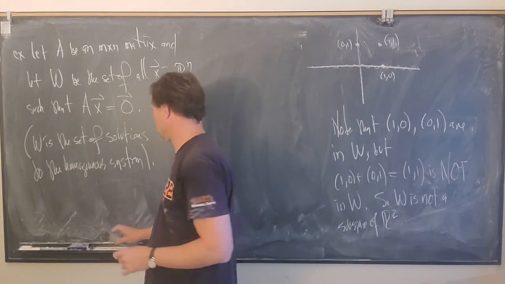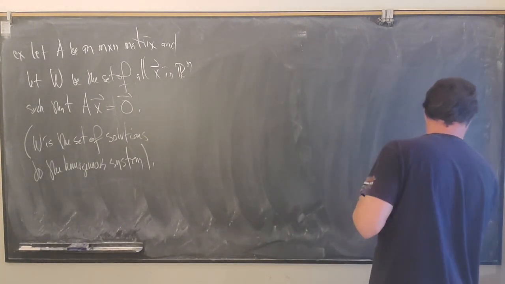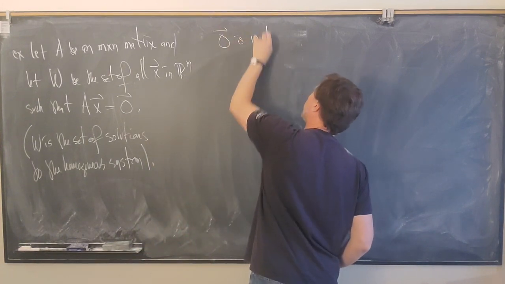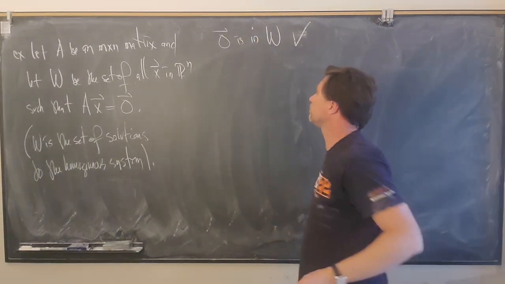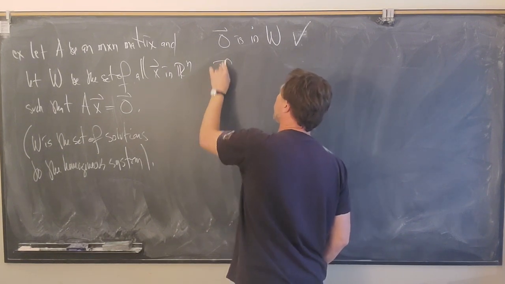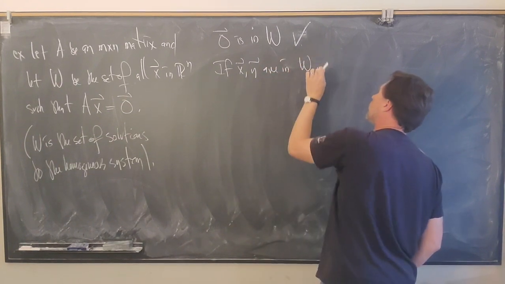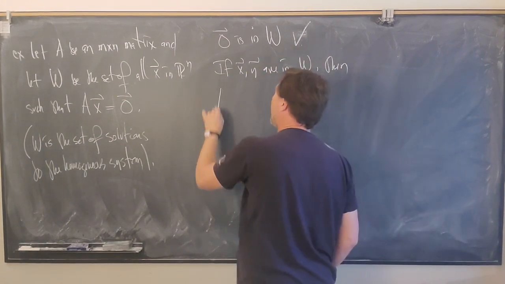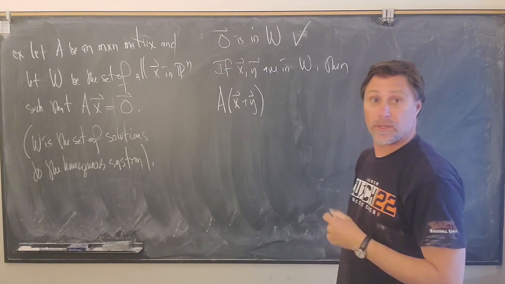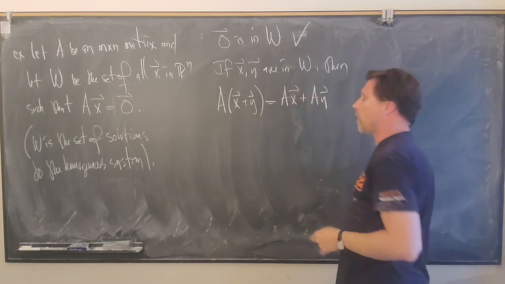Remember, a homogeneous system always has the trivial solution. So 0 is in W. That tells us that there's at least one element in W. If x and y are in W, then if I look at A times (x plus y), the distributive property tells us this is Ax plus Ay.